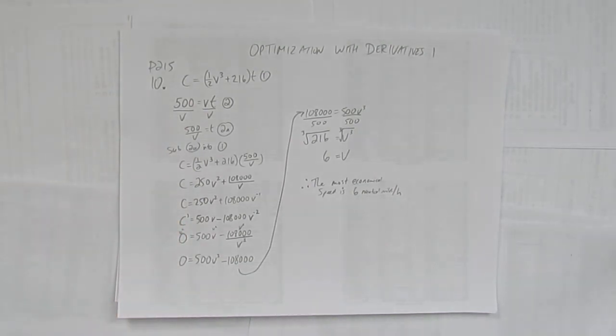And there we've done it. We've done optimization with derivatives. We made 2 equations, isolated for one variable in the second equation and subbed it into the first. Did a little bit of simplifying and then took the derivative and set it to 0, which allowed us to find the best speed, which in this case is 6. And we're done.